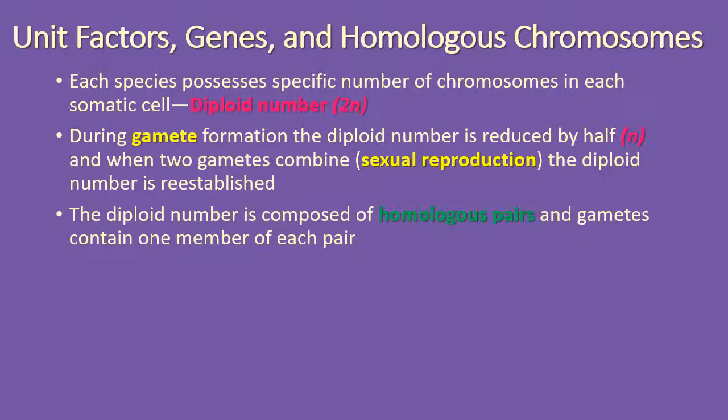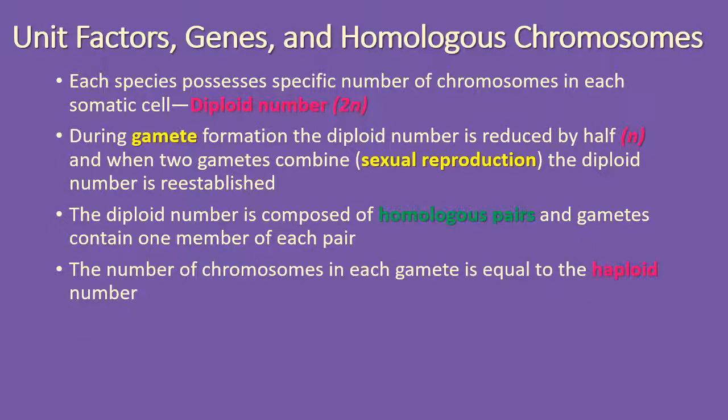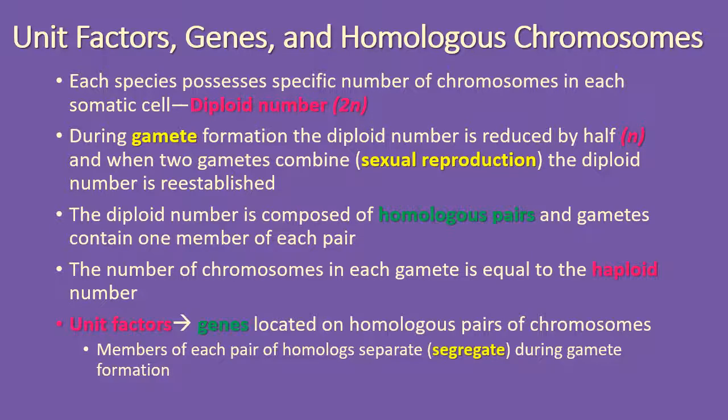And we know, again, that this diploid number is comprised of these homologous pairs, and that each gamete contains one member of each pair, and that the number of chromosomes in the gamete is half of what's in a diploid cell, and it's called the haploid number.